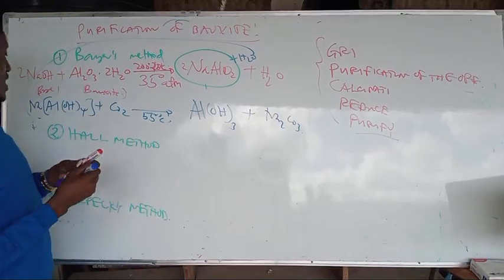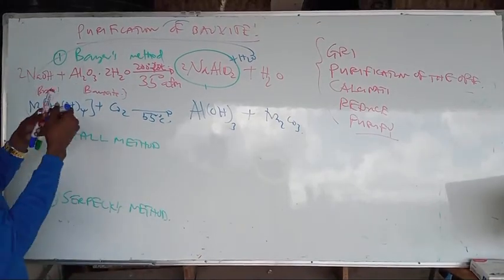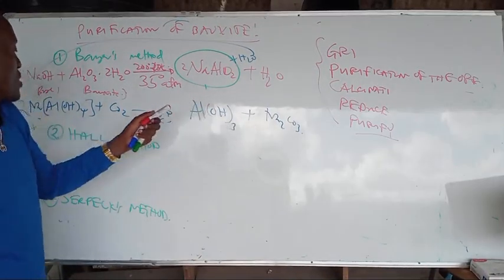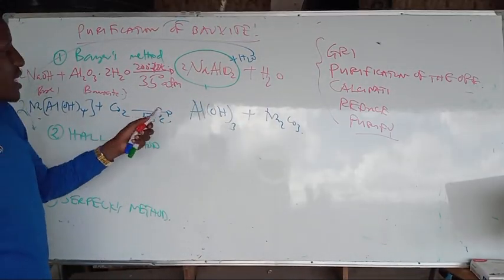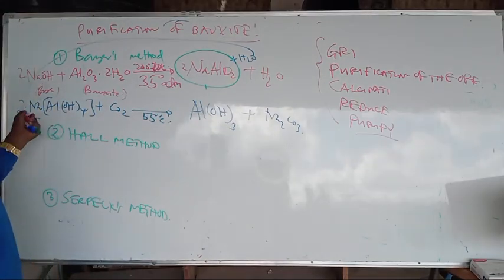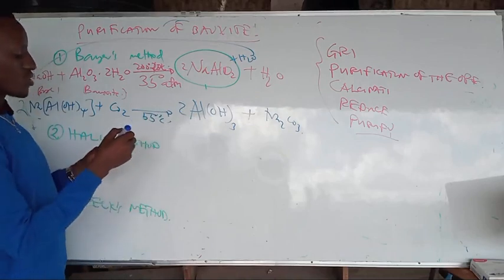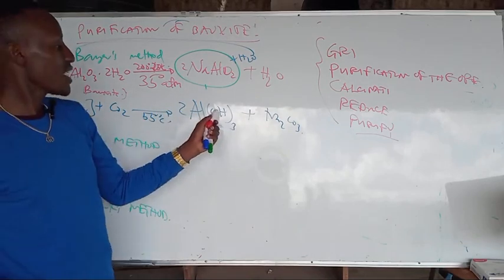Because I have the sodium here, I can add 2 to balance it. Then my sodium is 2. The carbon is 1. Then we have the oxygen and the hydrogen. I need to put 2 here also to have the 6. The hydrogen is 6.